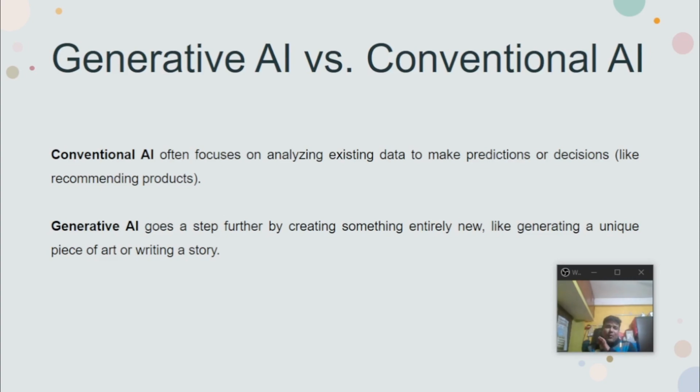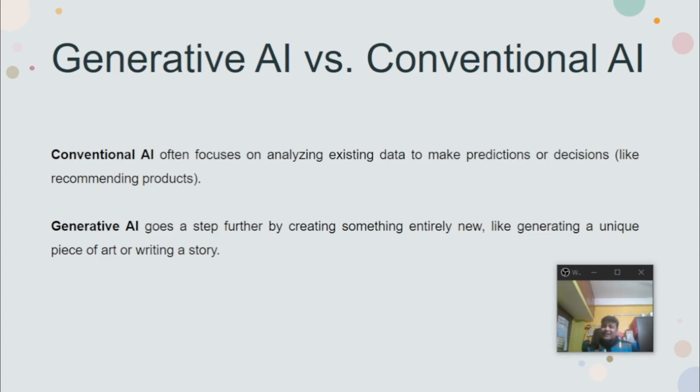All the rest of the content and domains is a subset of these two types of AI models. Supervised algorithm or supervised model is actually called generative AI, and unsupervised model or unsupervised algorithm is actually called conventional AI.